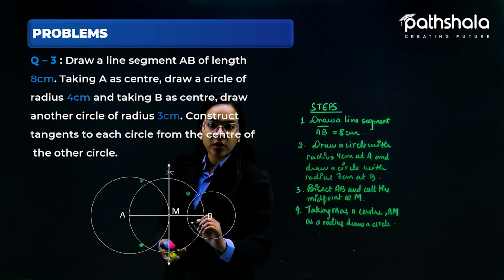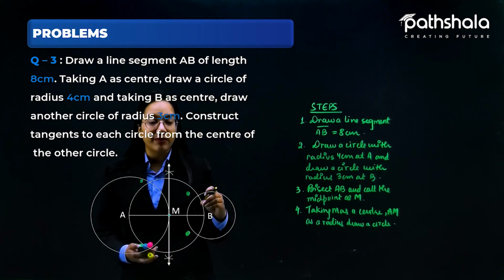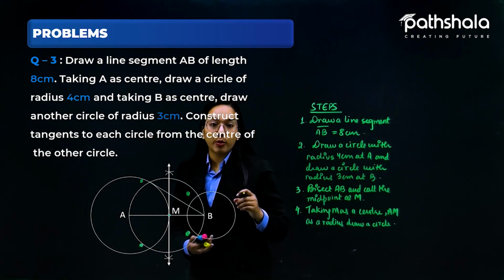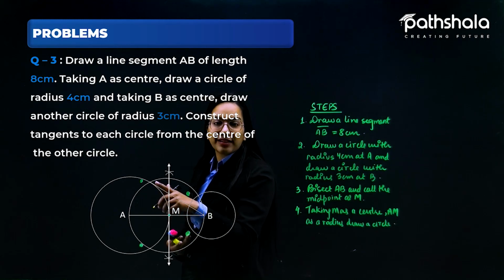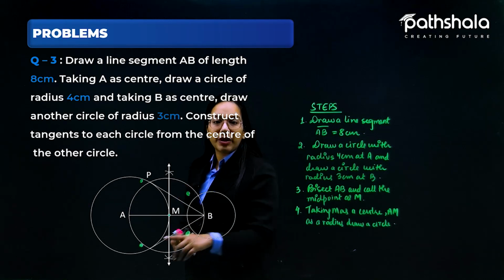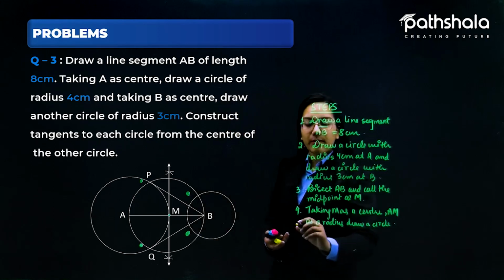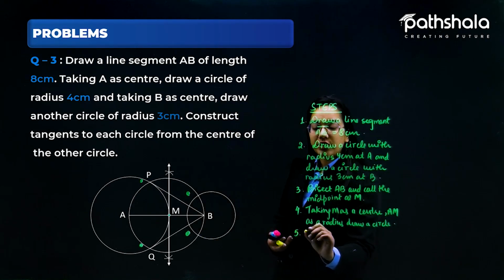We'll call these points of intersection by various names, and we will join them with A and B. Starting with B, I am joining this point of intersection and calling it P, and further I am joining P with this particular point and calling it Q. The next step, the fifth step, is that we have to take the point of intersection.